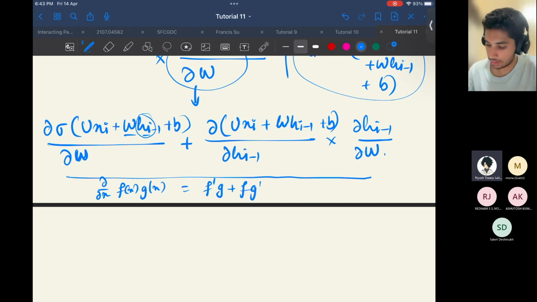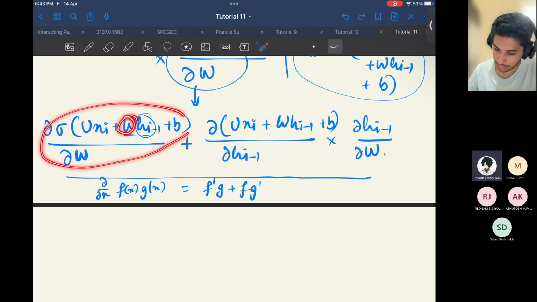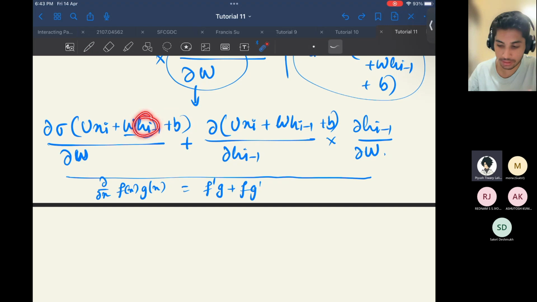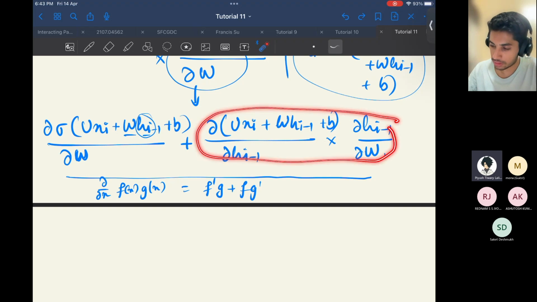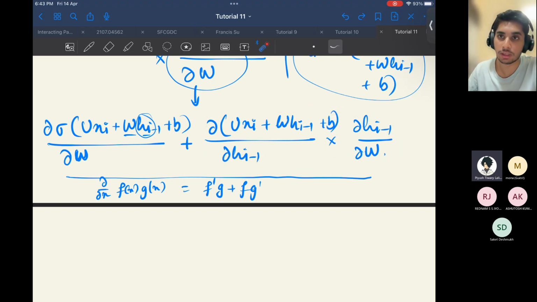This is how you do the differentiation of a multiplication of two functions. That is what I have done. The first time I am differentiating with respect to just this W, where the term Hi minus 1 is kept constant, and the next time I am differentiating with respect to Hi minus 1, and that will decompose into these two terms using the same rules.